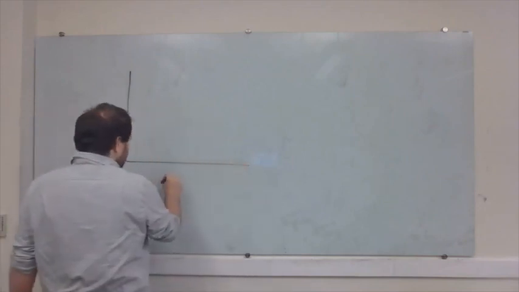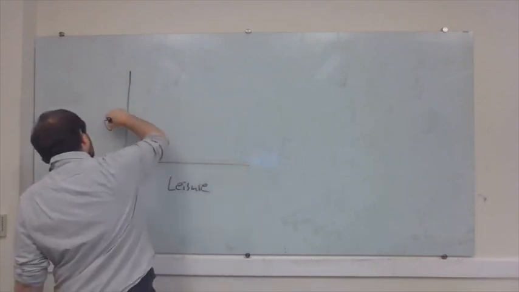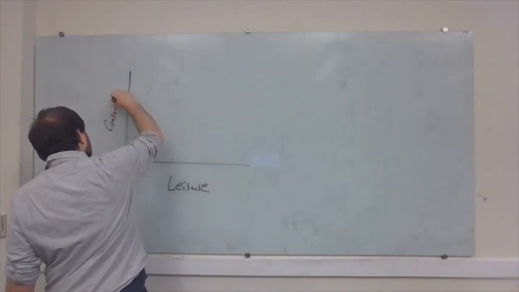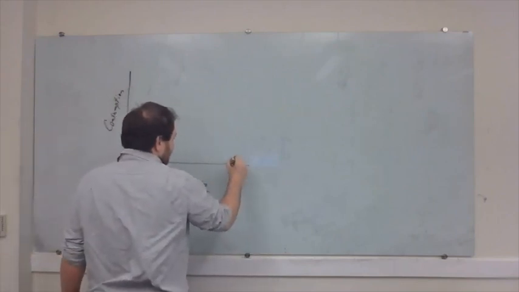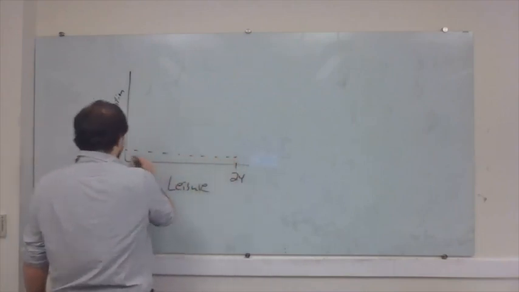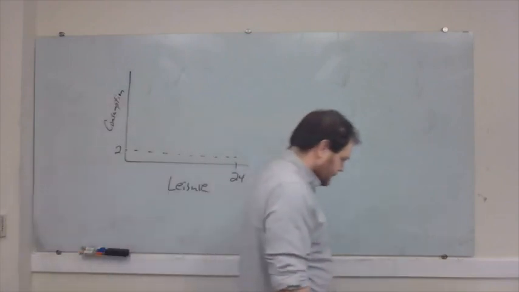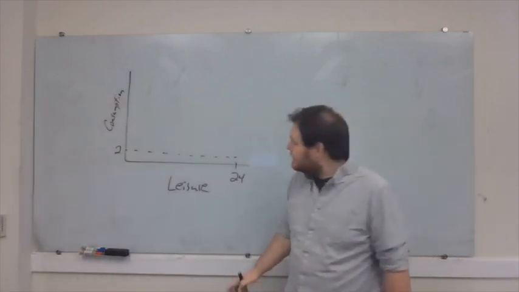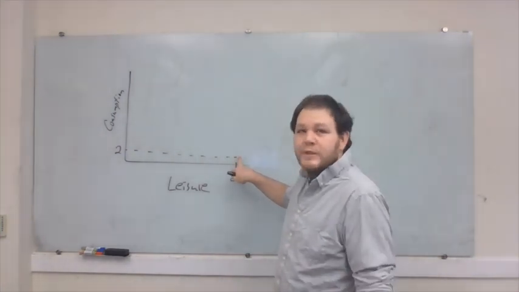let's imagine that you've got lots of leisure, let's say 24 hours of leisure, and very little consumption. Let's say that you're stuck with just $2 a day. In this case, are you hiring someone else to assemble your IKEA furniture? Of course not.